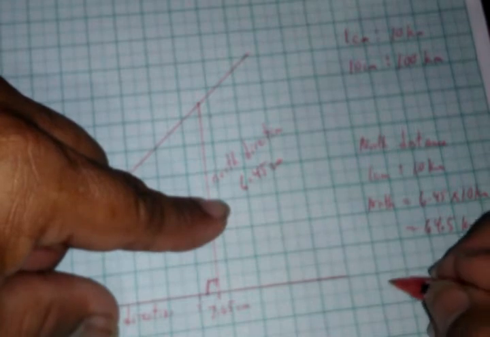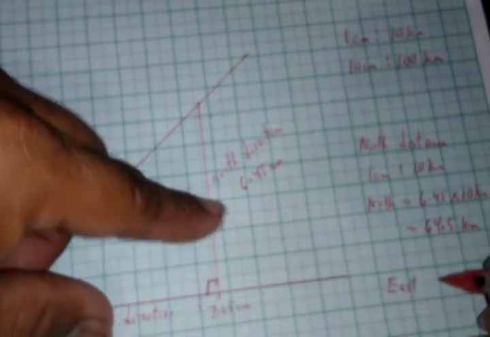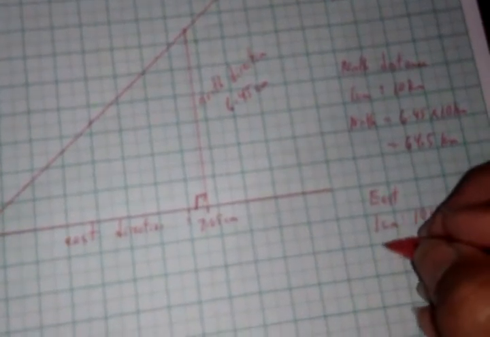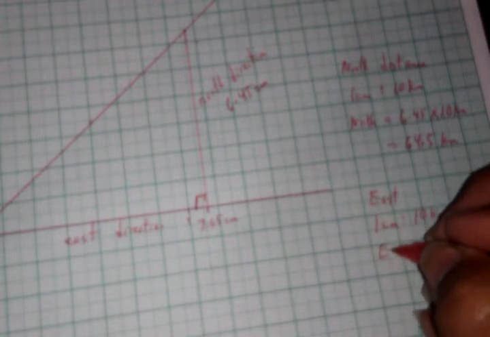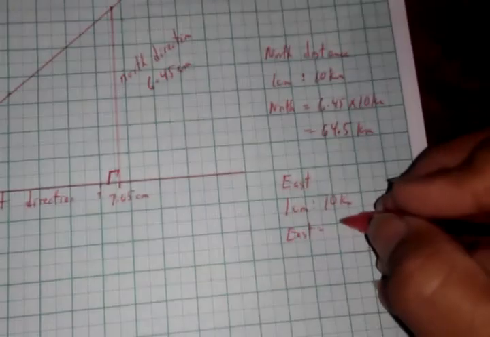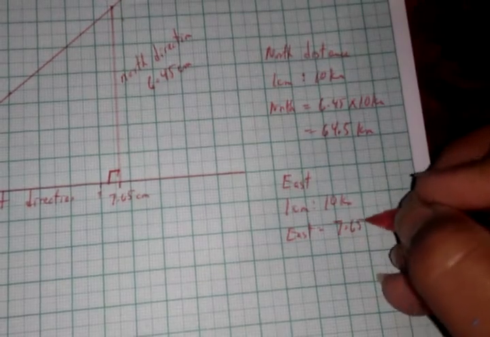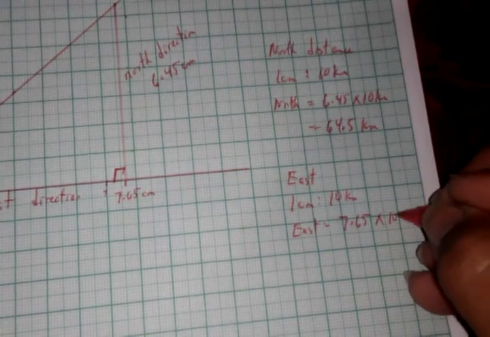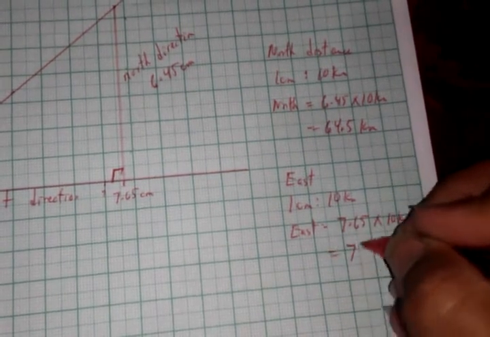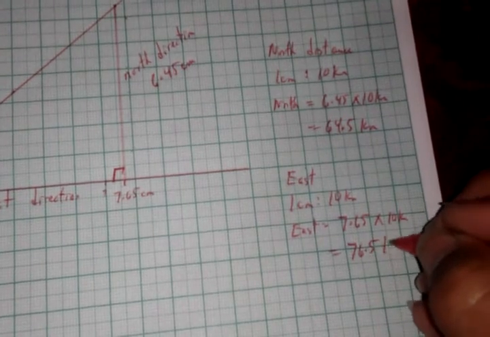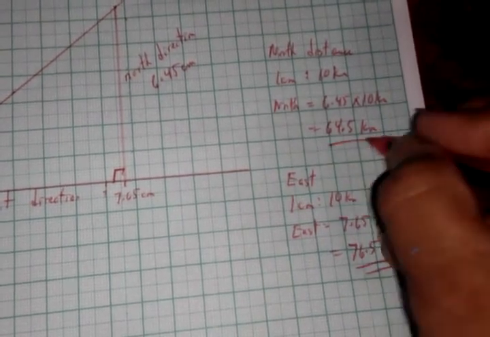And then east, we put again our scale. 1 centimeter represents 10 kilometers, so east will be 7.65 times 10 kilometers, which is 76.5 kilometers, and that's our solution.